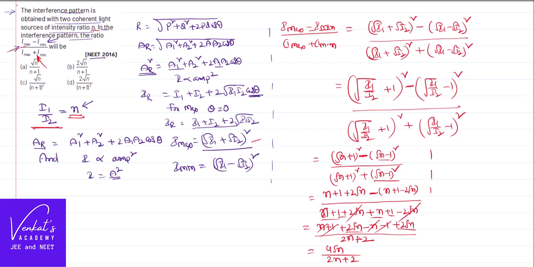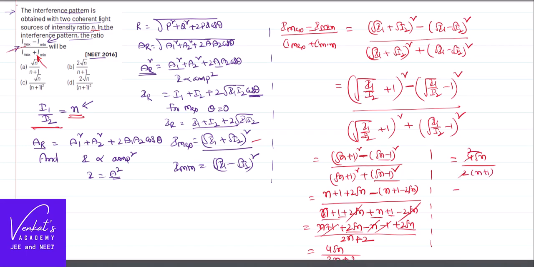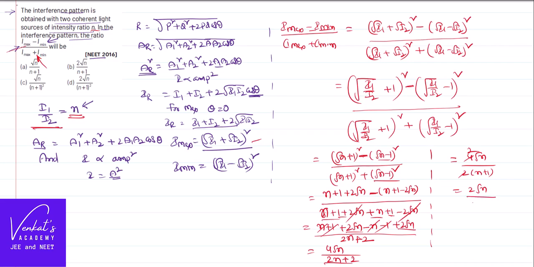If you simplify that further, the answer is 4 root n by, taking 2 common in the denominator, 2 times n plus 1. So 2 root n by n plus 1 is I maximum minus I minimum by I maximum plus I minimum. That shall be my answer.